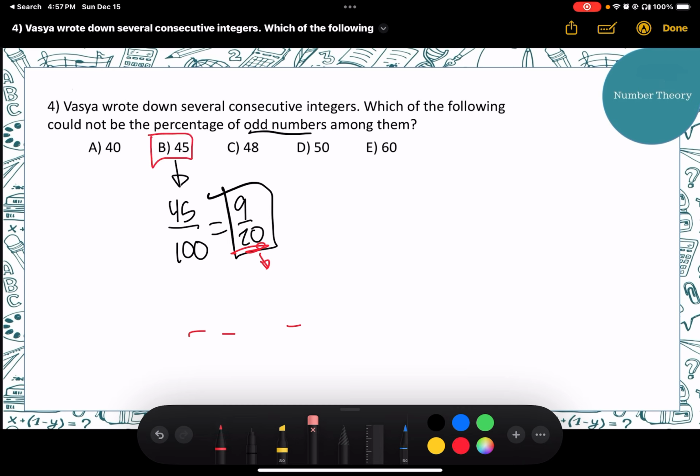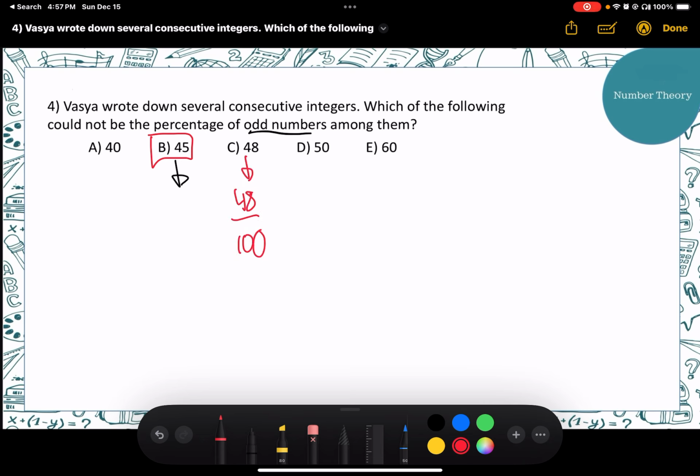So for 48, this is 48 over 100, which is equivalent to, if you simplify this down as much as you can, 12 over 25. And so this is possible.